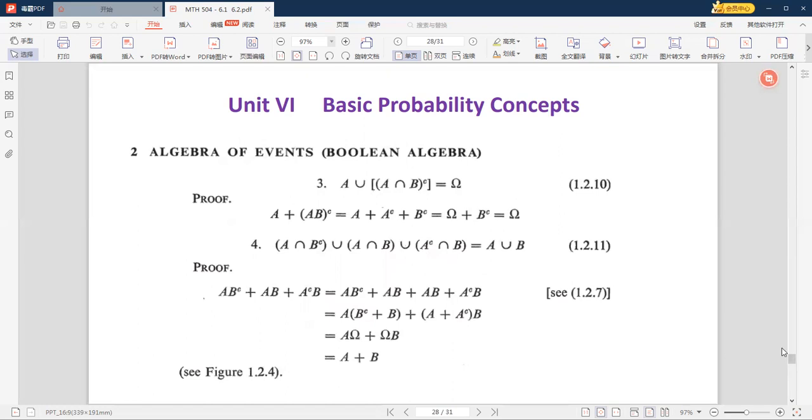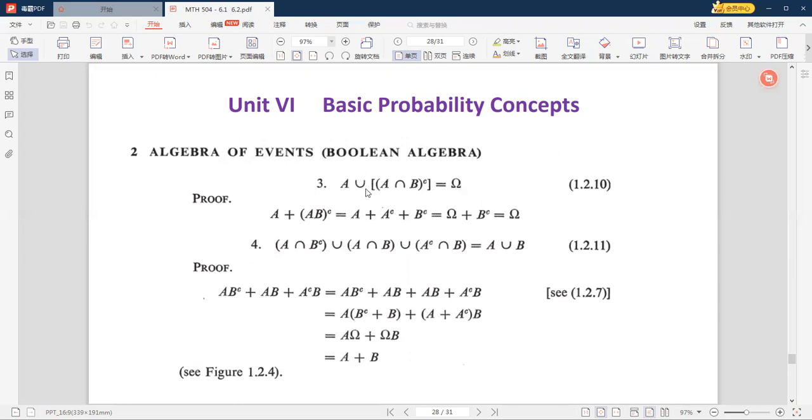Okay, let's do some more examples. The next example is to prove A union, the complement of A intersecting C, equals omega, the universal set.